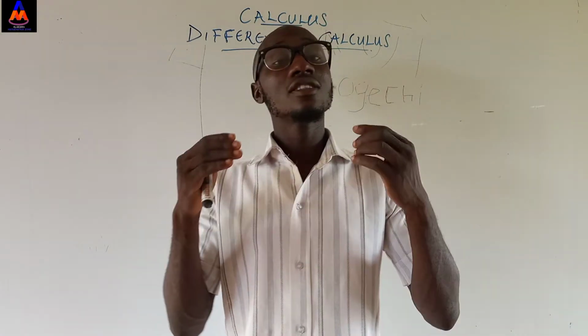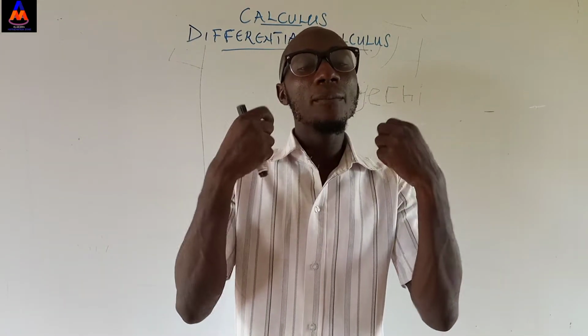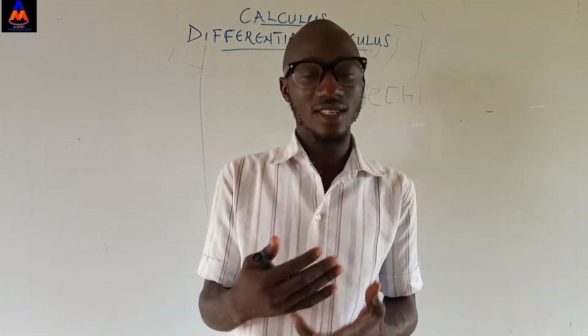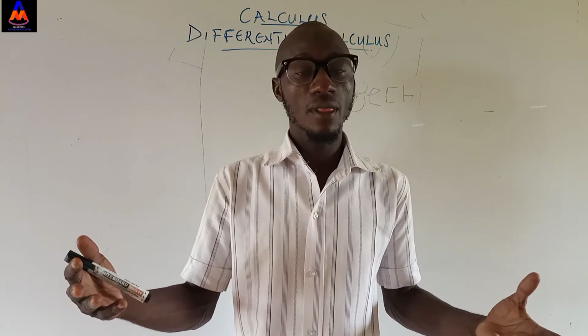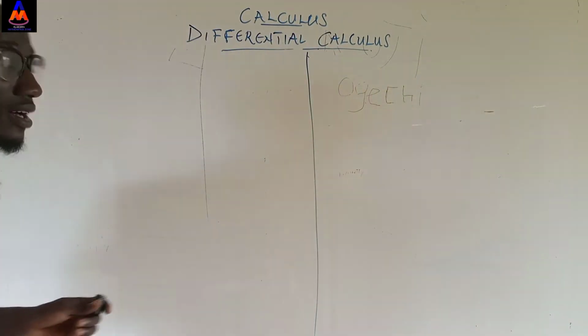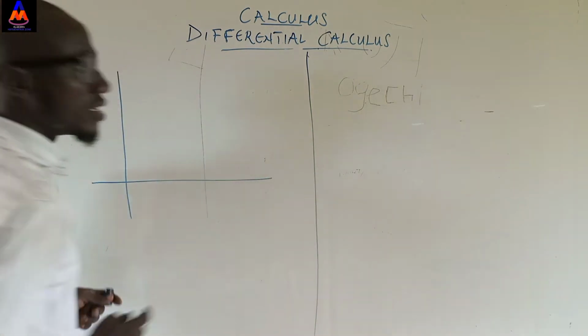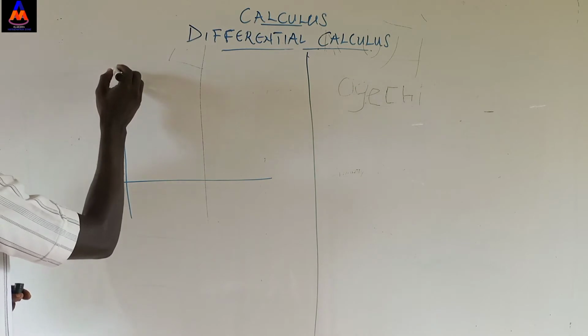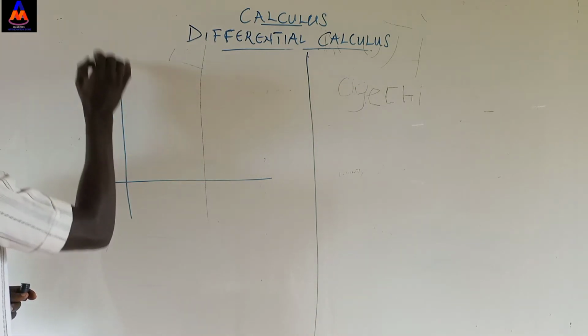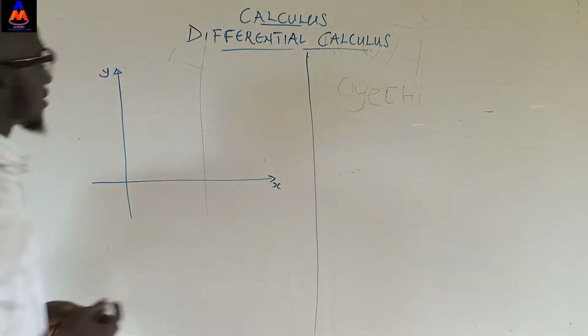To understand differentiation mathematically, we have to go back to our basic understanding of the gradient of a straight line. Let me bring that to reality. If you plot a graph, you will always have the two axes, the y-axis, which is the vertical axis, and the x-axis, which is the horizontal axis.